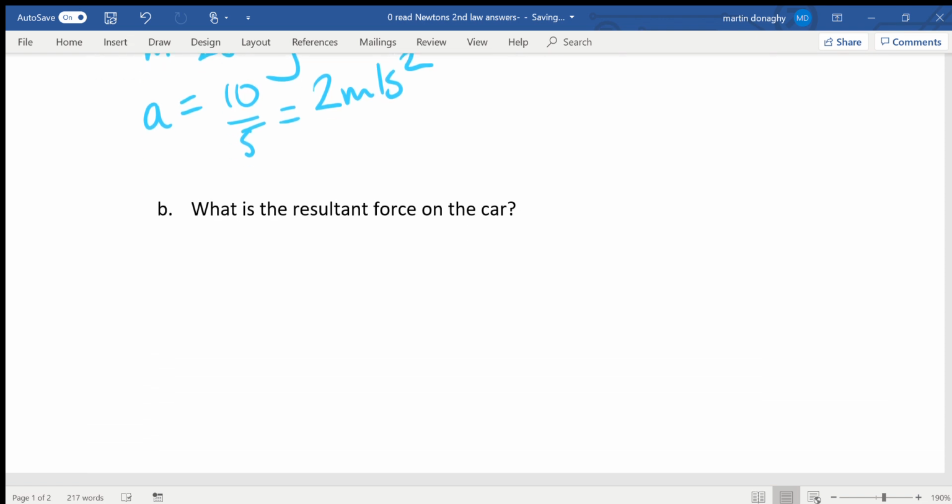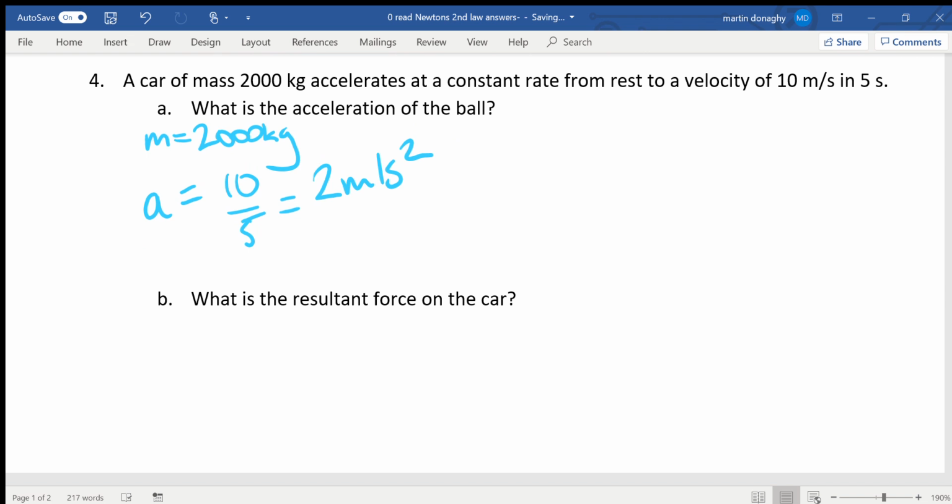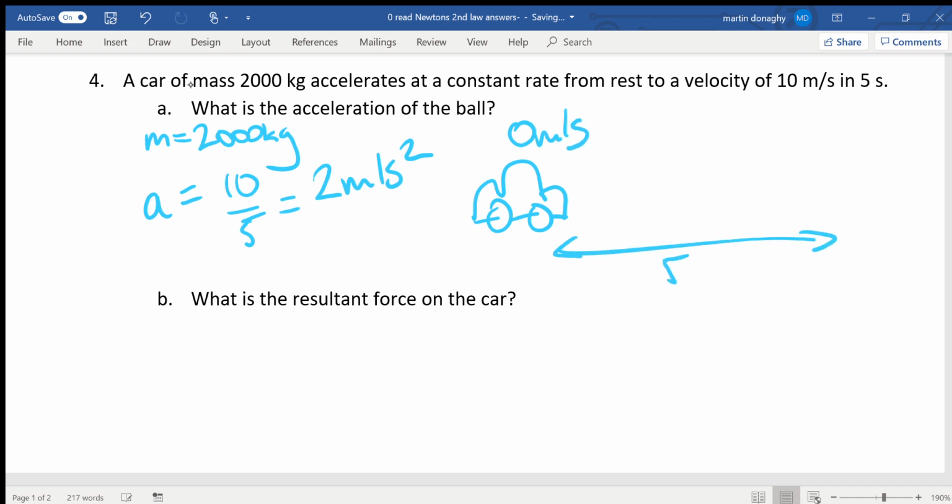Once we have worked that out, I'll just go back and explain that a little bit more. Our car started at 0 meters per second. 5 seconds later, it's traveling at 10 meters per second. But what acceleration tells you is how much the speed increases by each second.